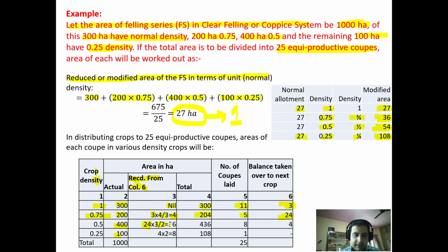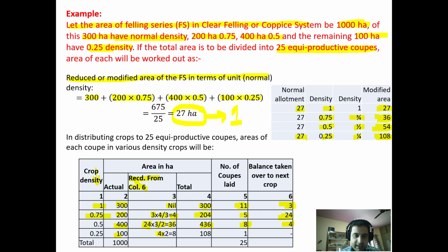So we have 36. This 36 is to be added to 400, which becomes 436, and is to be divided by 54, the modified area of that particular density class. So we have 8, and if we work this out, a balance of 4 which is to be carried to the next.